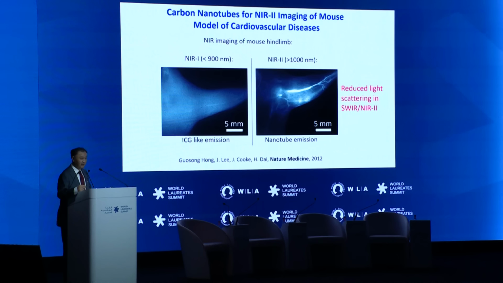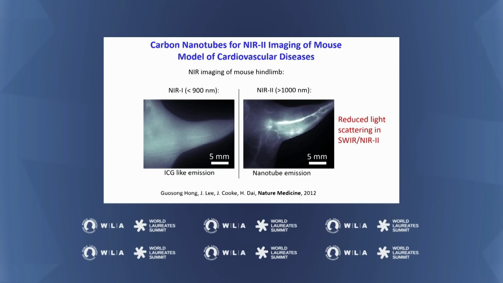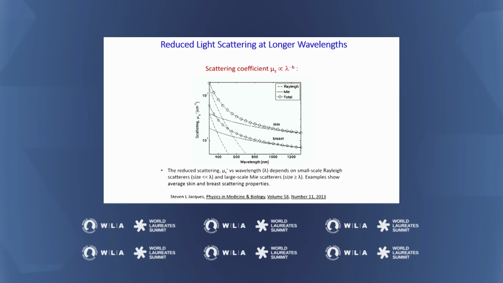So we showed that in a mouse model, if you image in the infrared, you can actually see blood vessels in the leg of a mouse very clearly because you cleared up the fog. You reduce the scattering. So this is a very large difference in imaging. And the physics, again, is that scattering goes down as you increase the wavelength of light.